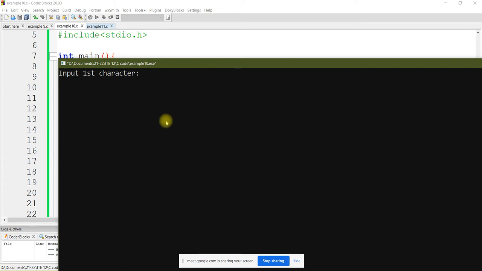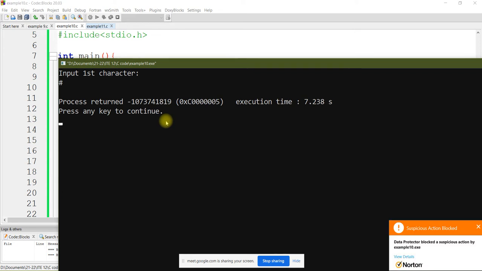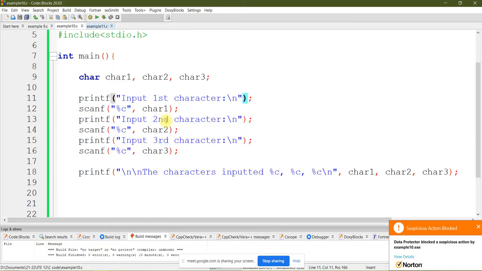So, input first character. Oh, what happened? There seems to be an error. Can you see what's missing? Ampersand.